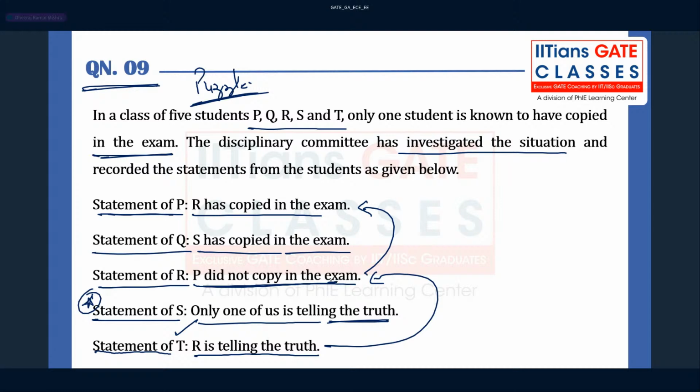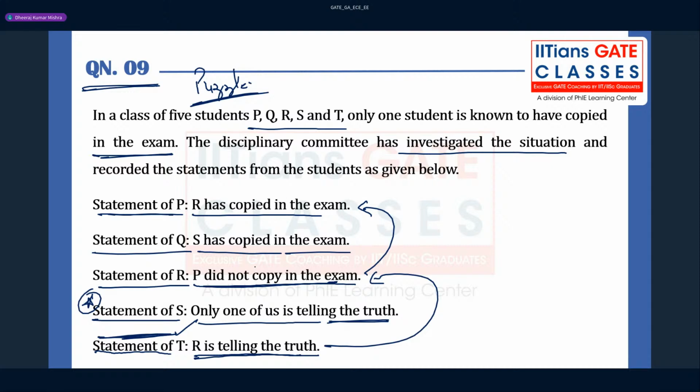But if T is telling the truth, that is very important to keep in mind, R cannot tell the truth, because only one of us can tell the truth. So here there is a confusion, right?